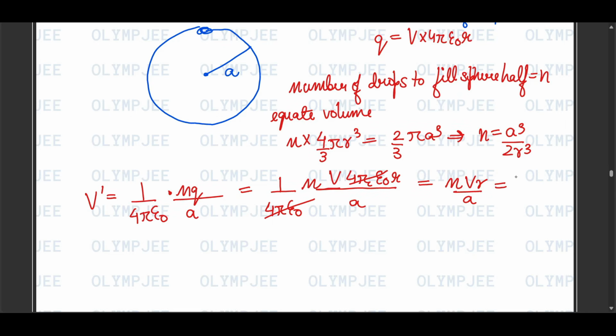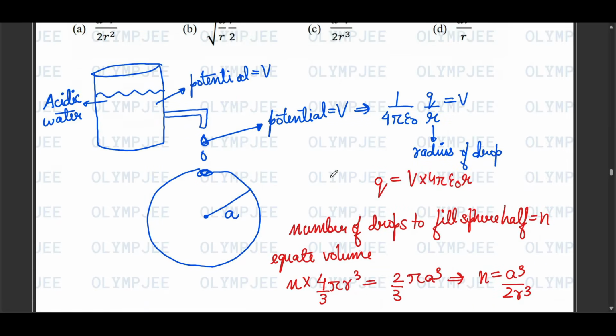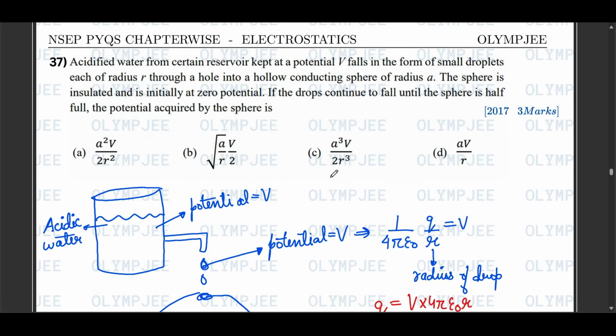So this will become VRA cube divided by A multiplied by 2R cube. So one R and A will get cancelled. So this will give us that V dash is equal to A square by 2R square times V. So the answer will be option A.